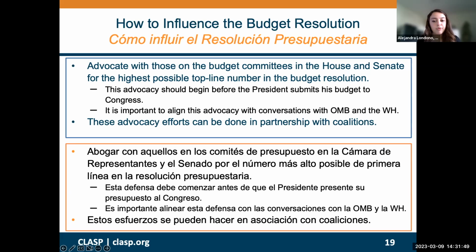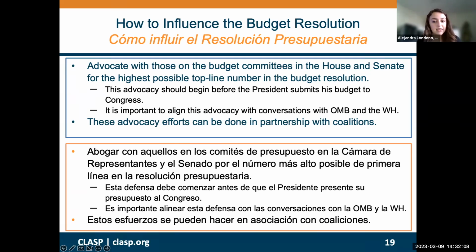So if we want our programs to receive more funds, then that top line number needs to increase. If not, it would mean that we're advocating for more money for one program, and it may take away money from another program to fund those changes.